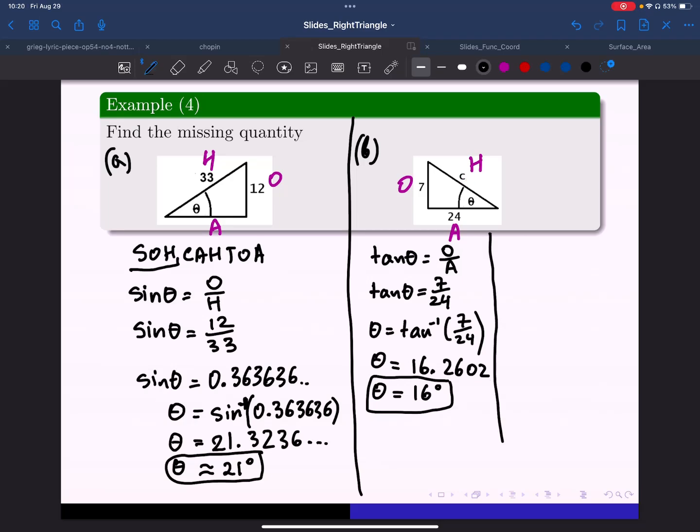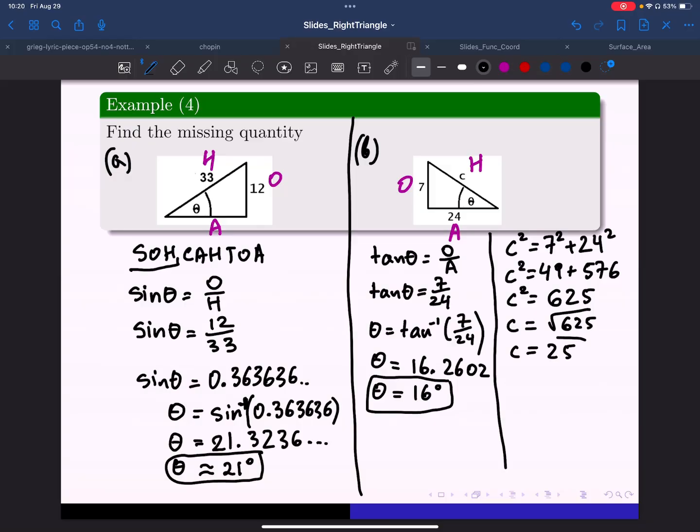So using the Pythagorean theorem, we have that c squared is equal to 7 squared plus 24 squared. 7 squared is 49 plus 576, 24 squared. If I add that together, I'm getting 625. So c is the square root of 625. So c is 25.